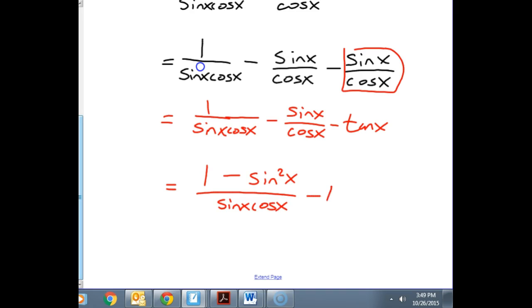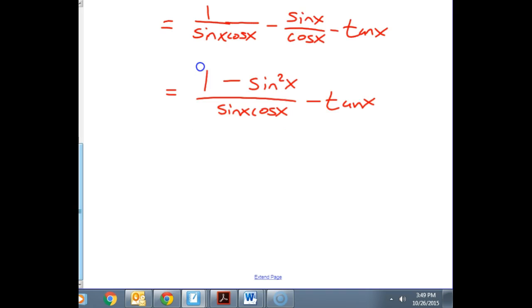And then minus tangent. Remember, we're just going to kind of leave that alone, just kind of bringing it down. Okay? Well, the top of this is actually, well, that's an identity, right? That's just cosine squared x, over sine x cosine x, minus tangent x.